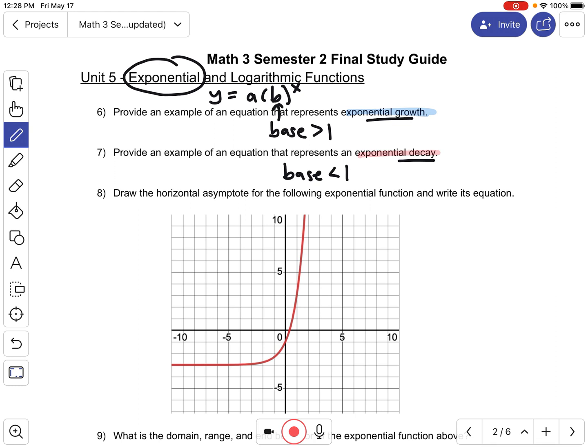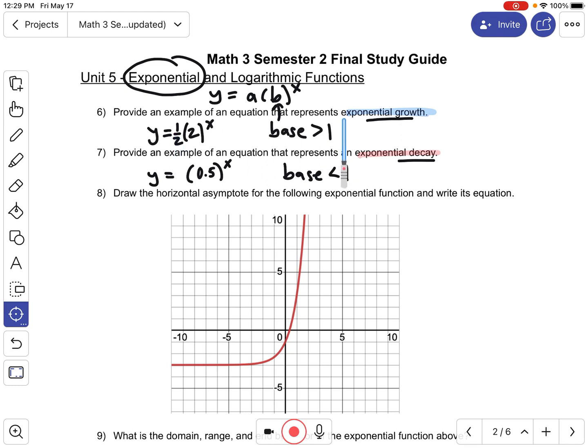And so when you have an example of an equation, you could make the base in the parentheses greater than 1, that could be 2. For decay, you could have the base less than 1, maybe 0.5, or any fraction that is less than 1. And it doesn't matter what is in front of this. This could be 1/2 if you wanted to, but even though this is less than 1, it doesn't matter.